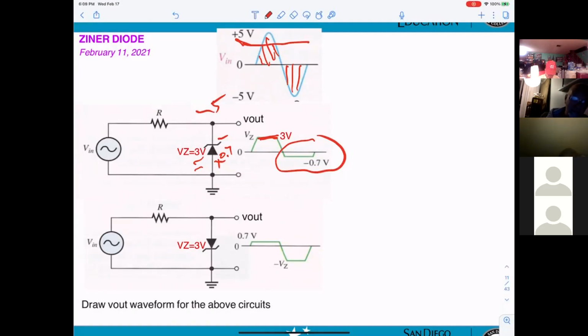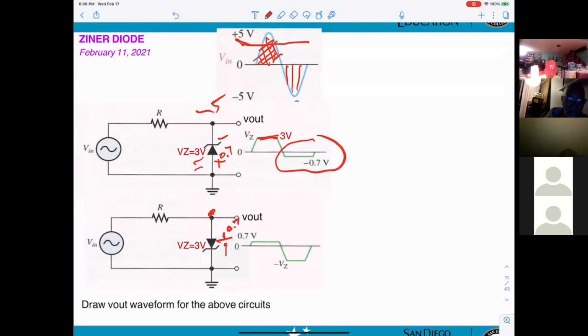That will be telling you when you get a positive on this side, positive on this side, the Zener is working normal. Normal, that means you get a battery, positive here, negative here, and 0.7.